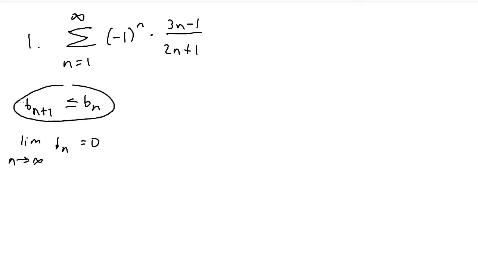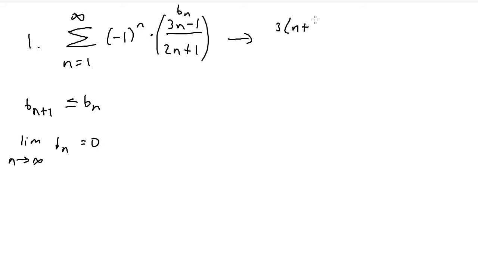So first let's test that b sub n plus 1 is less than or equal to b sub n. So this is obviously our b sub n here. Whenever we have b sub n plus 1, all we're doing is adding 1 to n. So in this case, we have 3 times (n plus 1) minus 1 over 2 times (n plus 1) plus 1.